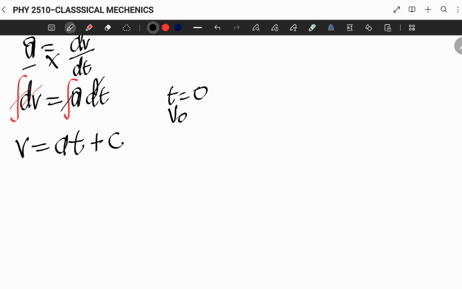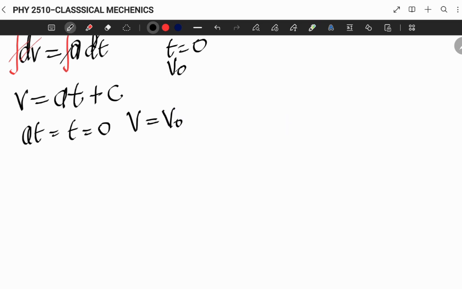Now let's try to replace these initial conditions in our equations. So when time is equal to 0, then our velocity is going to be velocity naught, or v naught. So let's now reverse this.